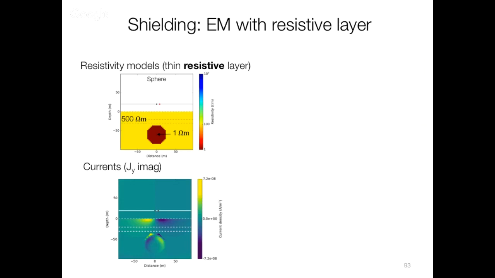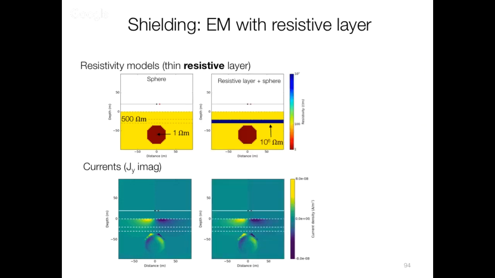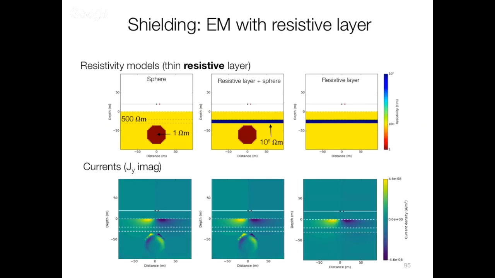At this particular frequency, you can see that there's induction in the top layer, as well as induction in the sphere. But can we see the sphere? Yes. If we put the resistive layer in, there's virtually no change. So it's transparent.